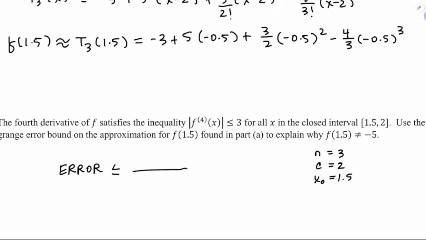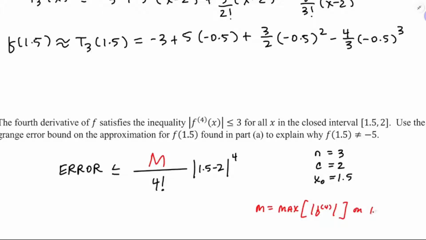Okay, so that'll have to do the next factorial, and then the next power of the absolute value of 1.5 minus 2, or you could do 2 minus 1.5, it really doesn't matter, to the n plus 1, which would be the fourth power, and then we're going to have this value right there, this M. Okay, so M is the maximum of the absolute value of f's fourth derivative on the interval 1.5 to 2, the interval between the centering point and the approximation point, but that's sometimes subject to change, whether it's on the left or the right, which spot each one goes in.